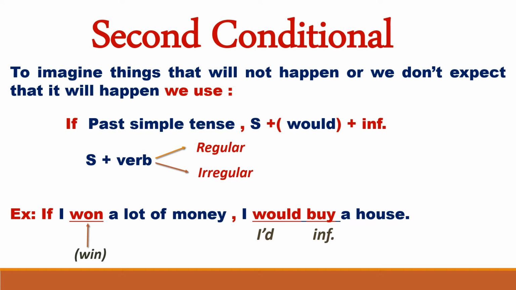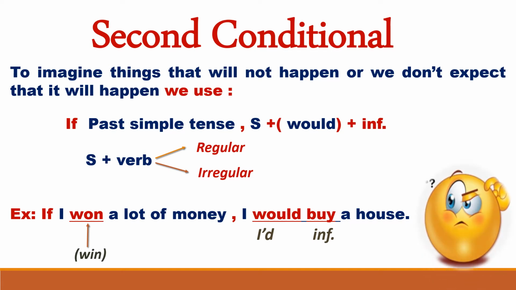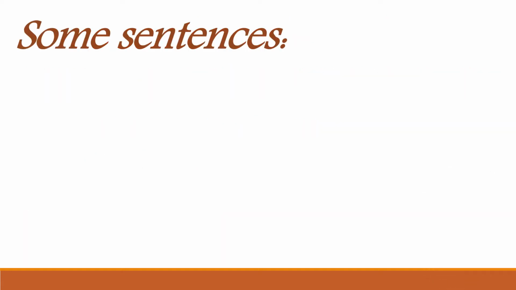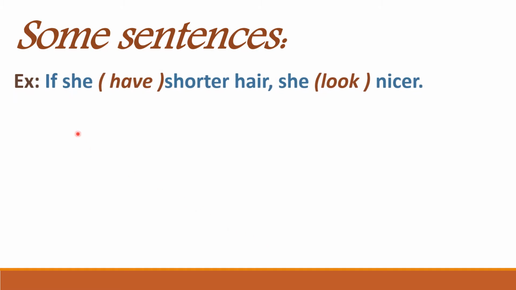To make it more clear, we have some sentences, such as in this example: if she have (between parentheses), if she have shorter hair she look nicer.